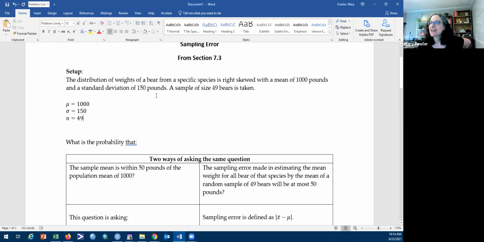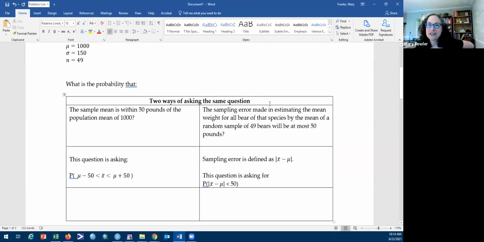Okay, so let's go ahead and look at two different ways of asking the same question. I'm going to start with the one on the left. What this question is asking is, what is the probability that the sample mean is within 50 pounds of the population mean, which is 1,000 pounds, right?